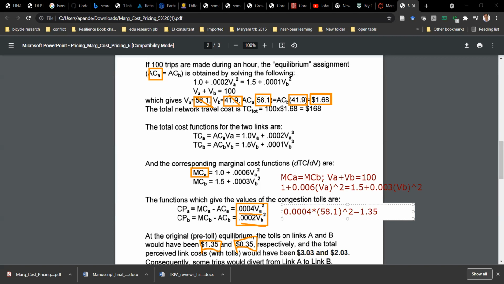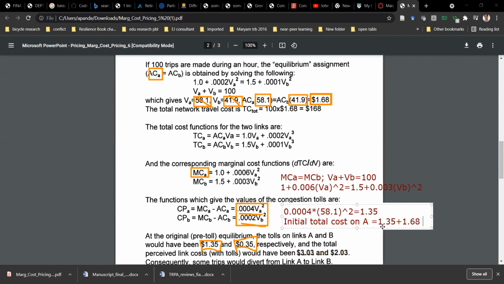Now, if this is the total cost, no questions here, so that's good. So if this is the toll on route A, at that point your total cost, the initial on A, would be 1.35 of toll plus 1.68 of travel time, right?